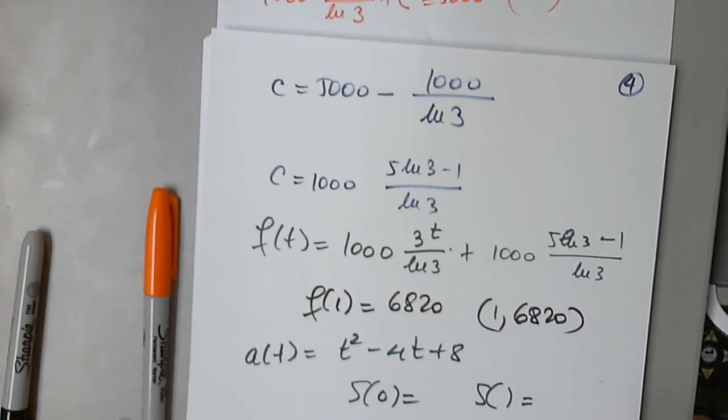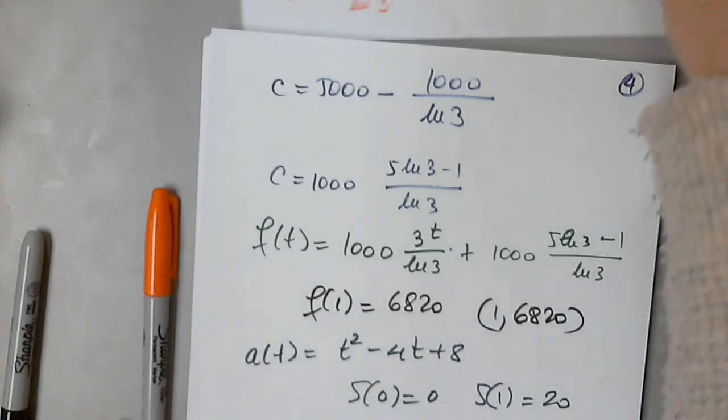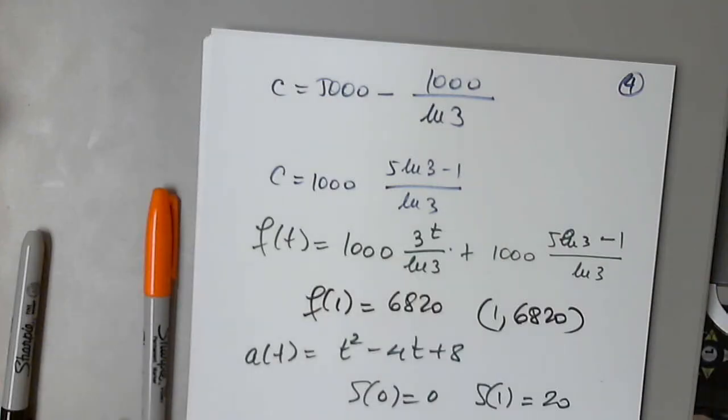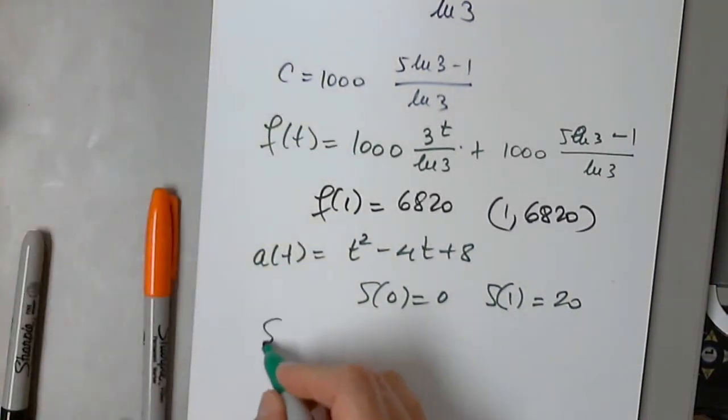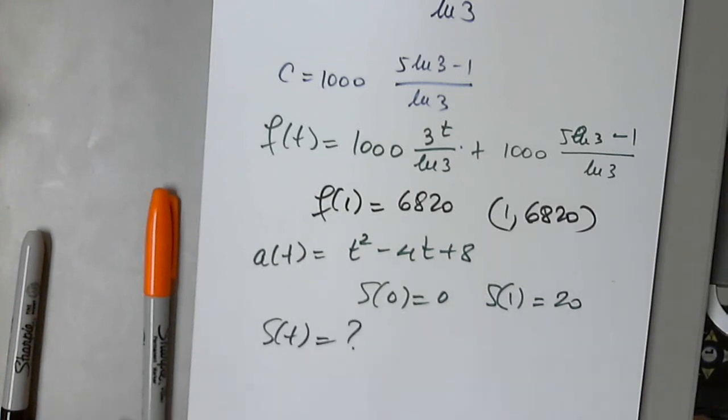S of 0 equals 0, S of 1 equals 20? Very good. Okay, and we are asked to find distance. Good, so we're given the acceleration, we have to go back to the velocity and then to the distance.